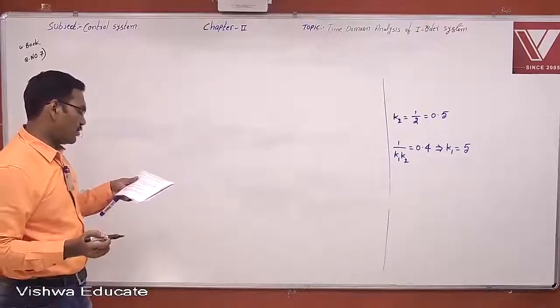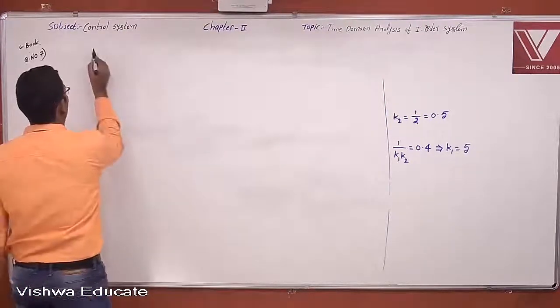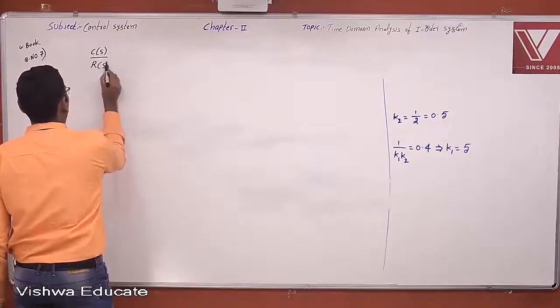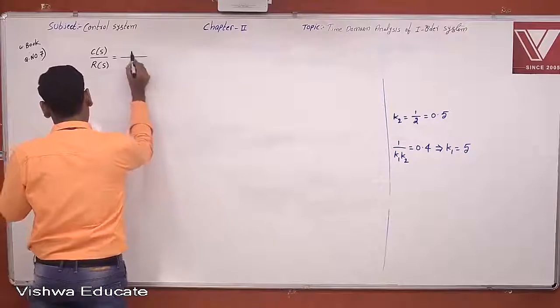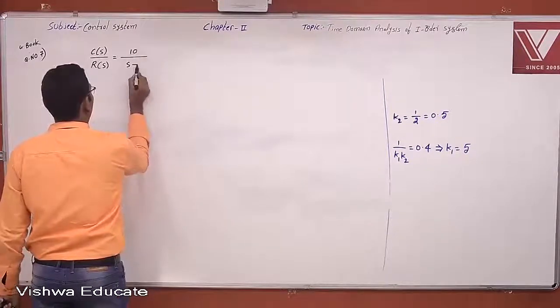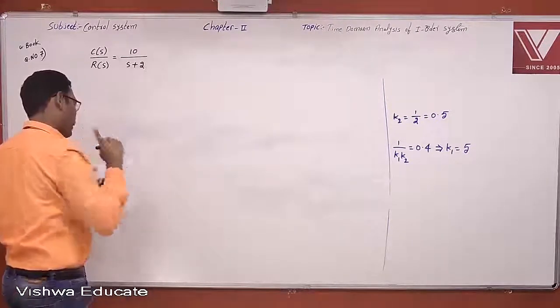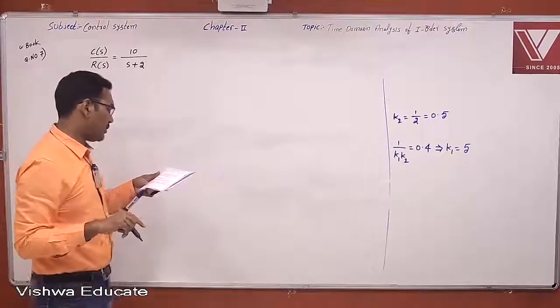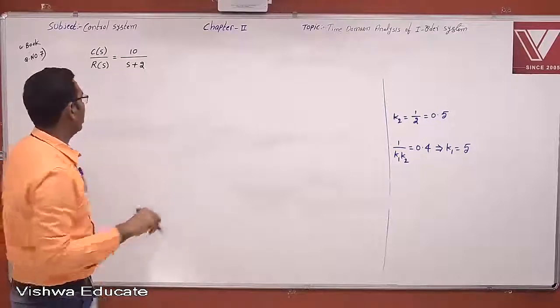The transfer function of a first order system is given as 10 by s plus 2. What should be the response for unit step input at t equal to 5 seconds?